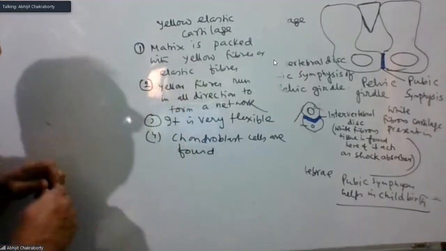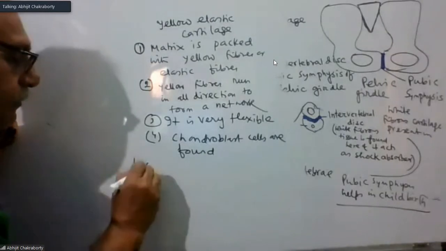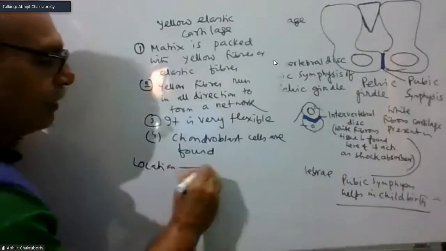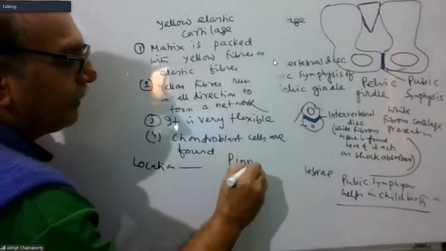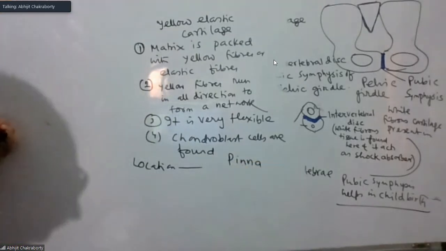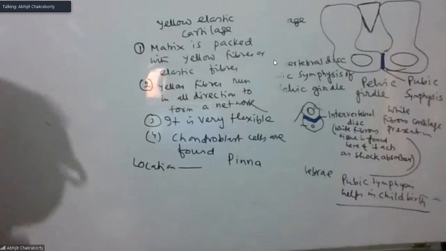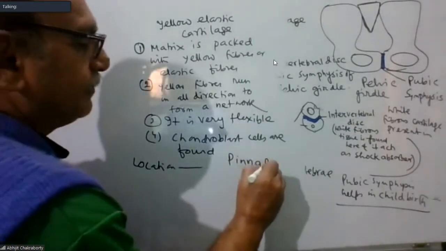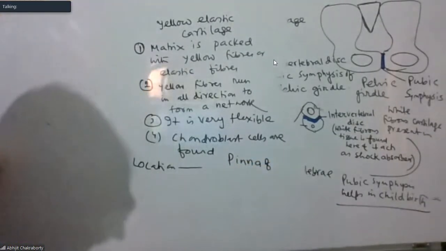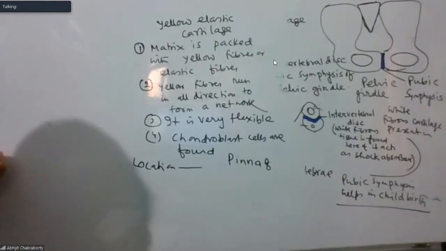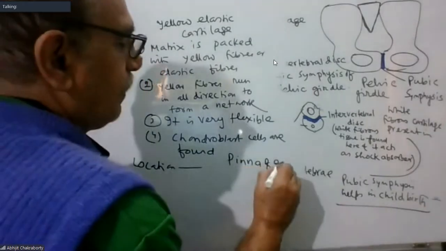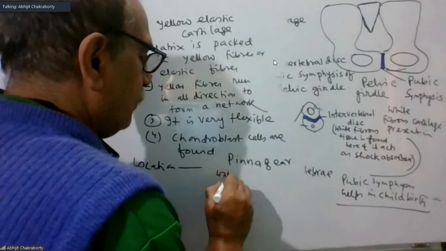Where will you get it? Location, most important. The common location, everyone knows, is the pinna. In the pinna of the ear you will get this. Wall of eustachian tube.